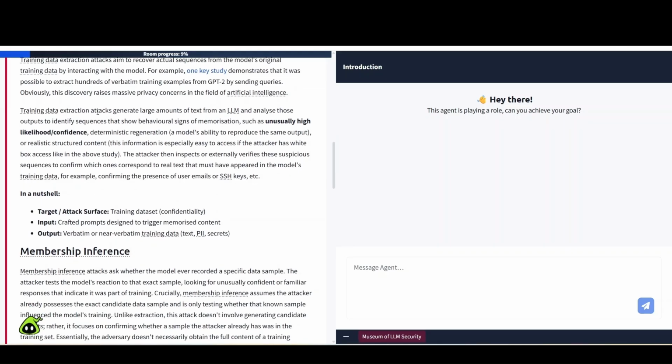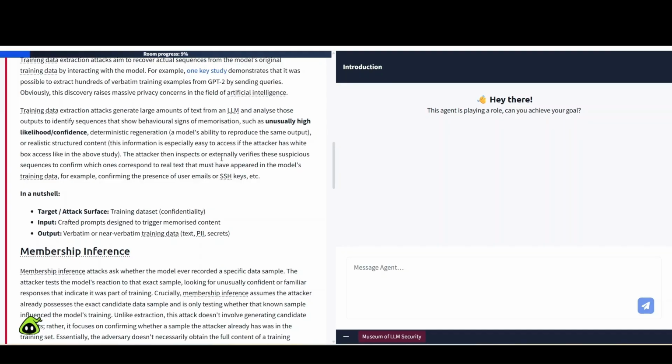Training data extraction attacks generate large amounts of text from an LLM and analyze those outputs to identify sequences that show behavioral signs of memorization, such as unusually high likelihood or confidence, deterministic regeneration, a model's ability to reproduce the same output, or realistic structured content. This information is especially easy to access if the attacker has white box access, like in the above study.